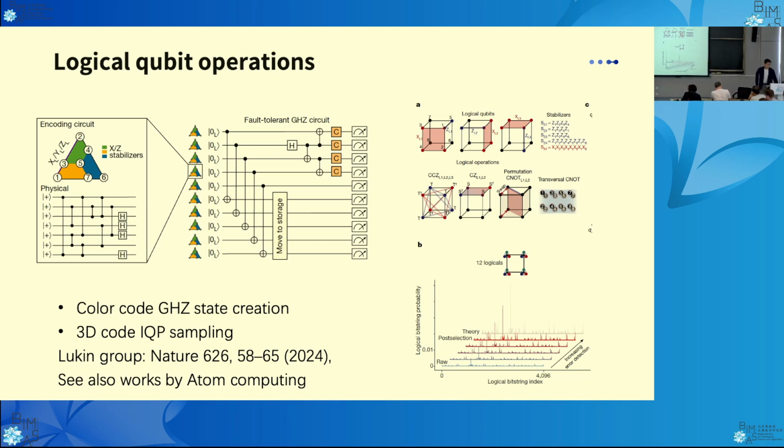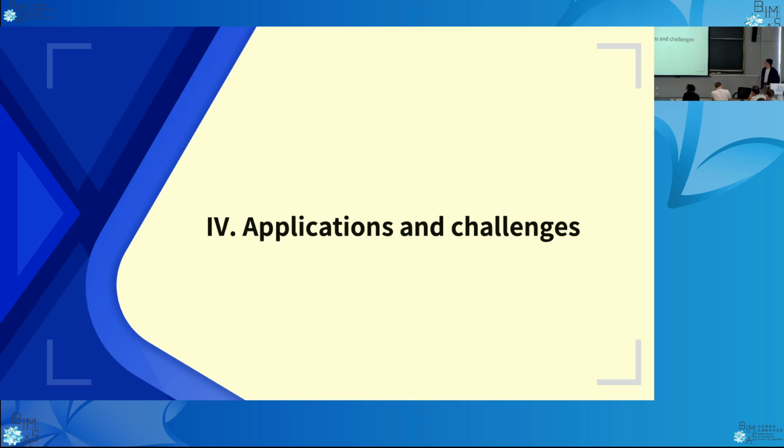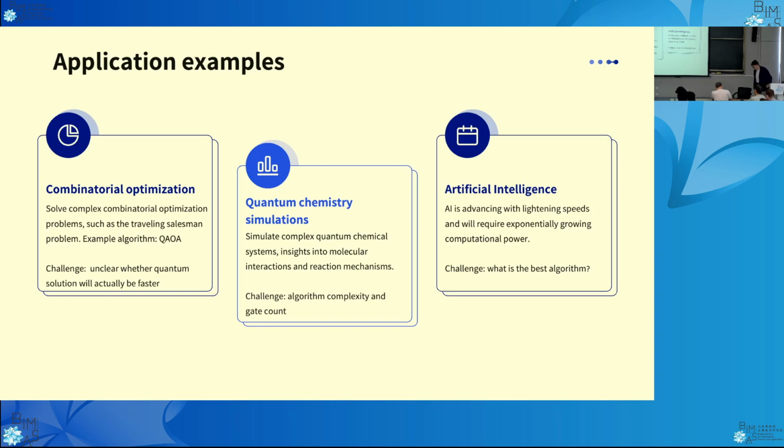Okay. So I want to talk about applications and challenges, but this is a really brief discussion, because I would say that the applications and the open challenges are up to both the experimentalists and the theorists. There are many proposed applications of quantum computing.